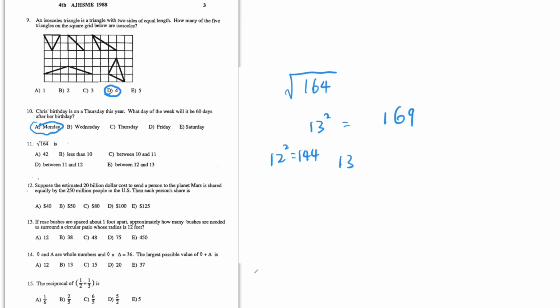So the square root of 164 is greater than 144's root and less than the square root of 169. So the answer is E.